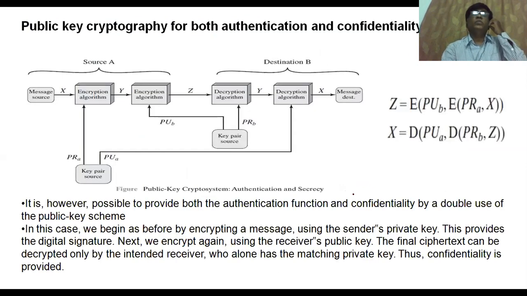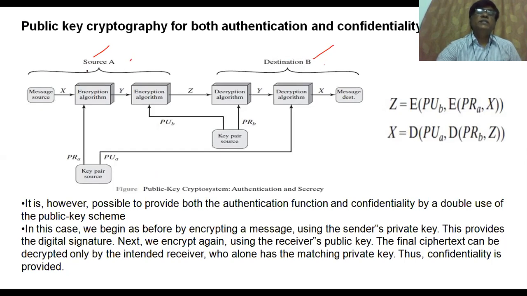Sometimes, if you want to perform both authentication and confidentiality, for that purpose you have to encrypt the data 2 times. Suppose A is one person, B is another person, A is the source, B is the destination.